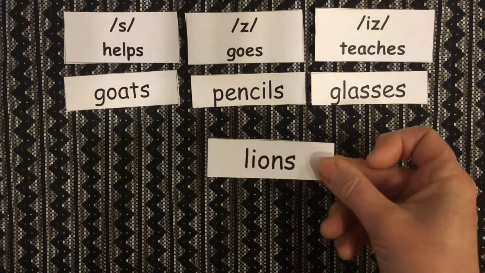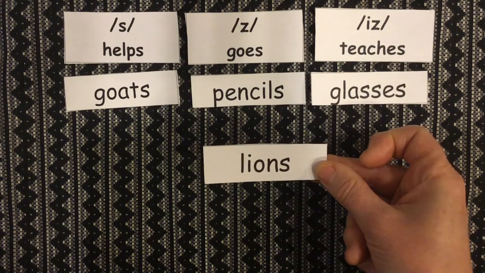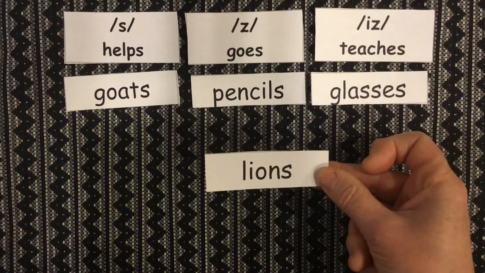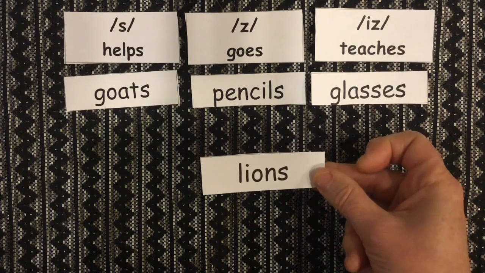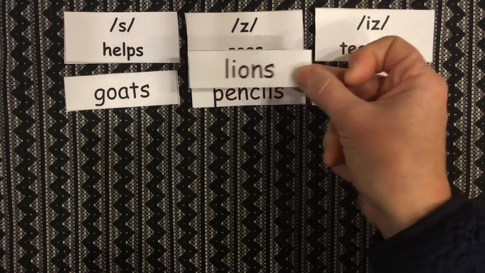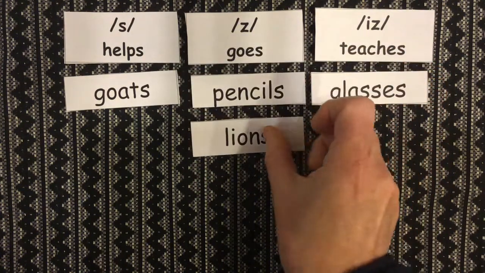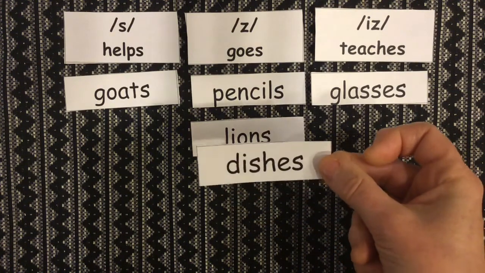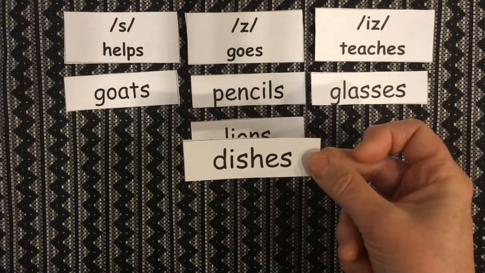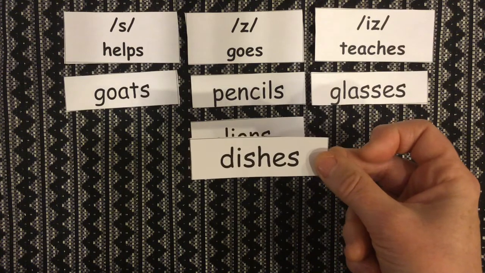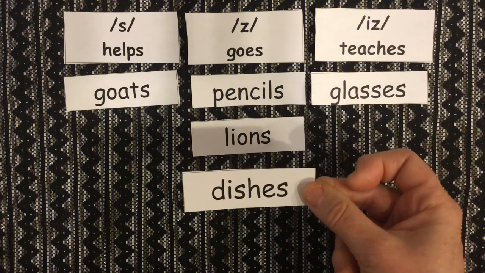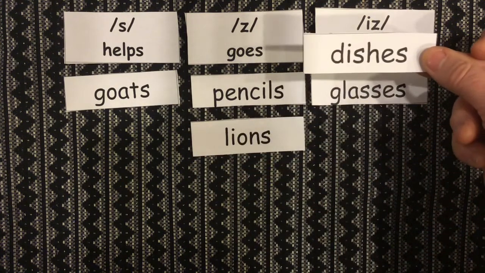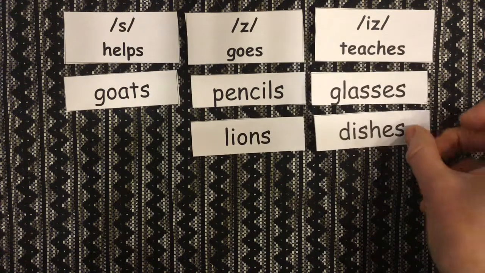Here's the next word. Ooh, this is from our new book. Lions. Right, lions. Z, z. What's the ending sound? Z. Okay, that goes right there. Here's the next one. Not one dish, but a bunch of dishes. Dishes, iz. What's the ending sound? Did you say iz? I hope so.